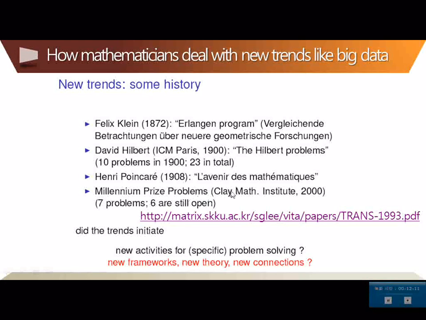This gave mathematicians a direction to work in, and this kind of trend initiated new activities for specific problem solving. These lead to new frameworks, new theories and new connections.